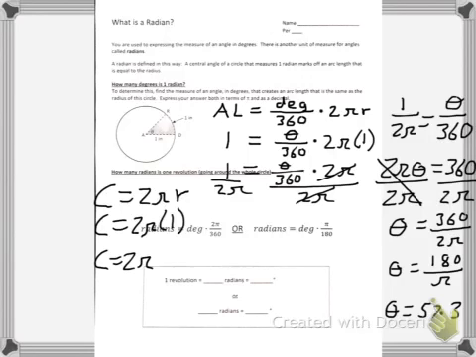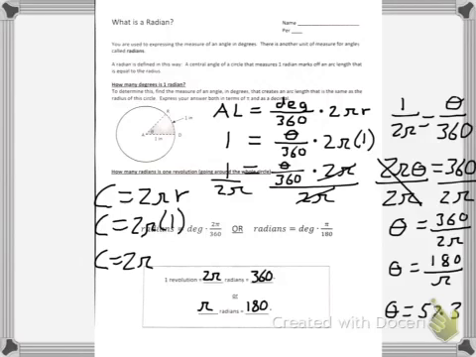One revolution, which we just figured out, is 2 pi in terms of radians, or we know that one time around the circle is 360 degrees. If we reduce that fraction, you could say that pi radians is equal to 180 degrees.